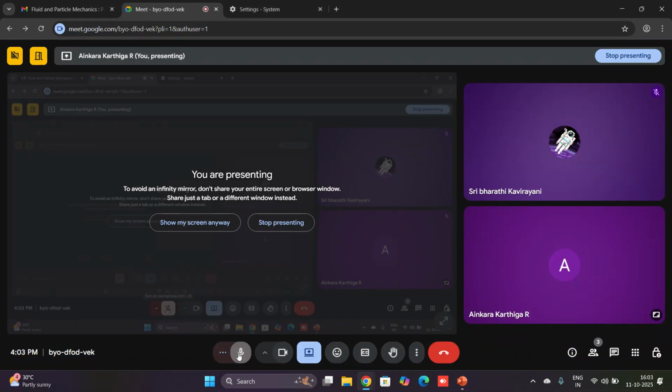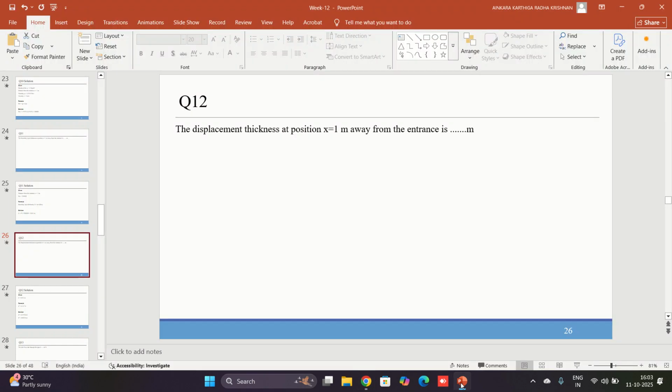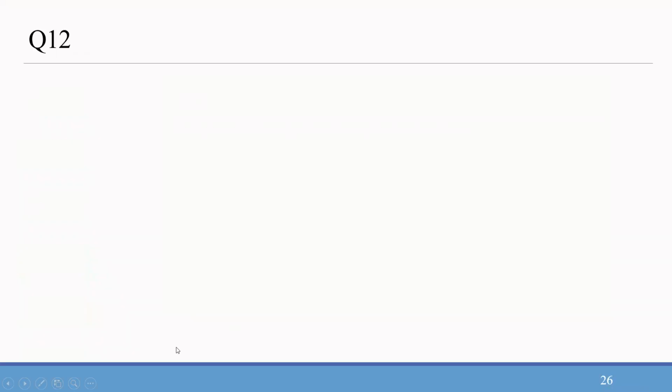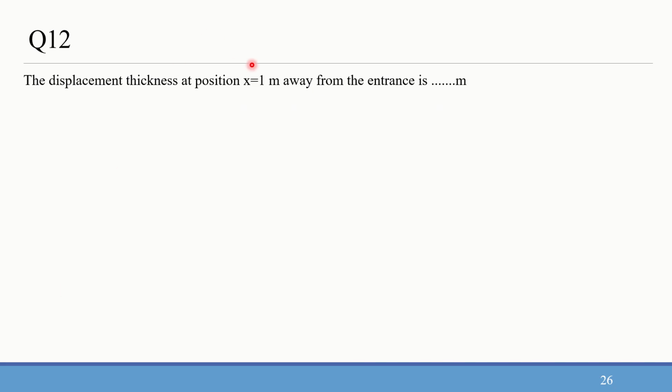We'll start now. The displacement thickness at position x equal to 1 meter away from the entrance is dash meters.